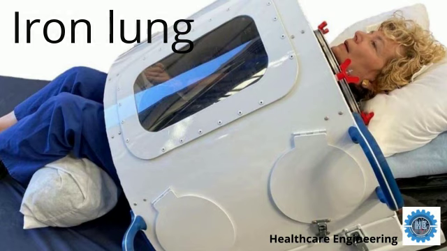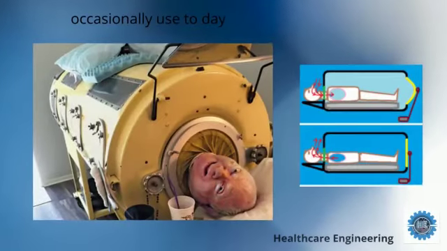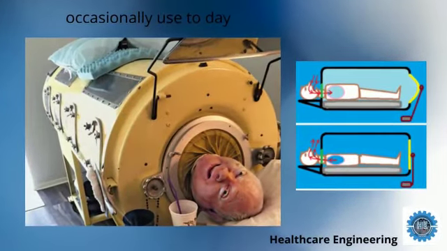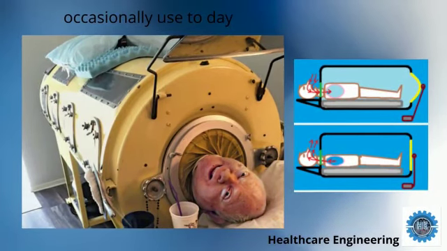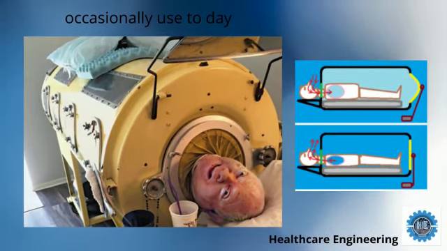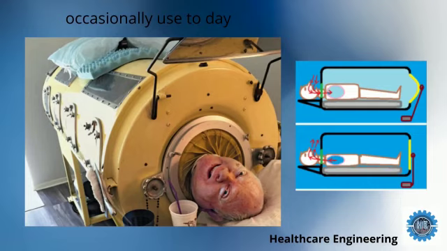The iron lung is still occasionally used today. Intermittent short-term negative pressure ventilation is sometimes used in patients with a chronic disease. But now our focus will be on the positive pressure ventilator.